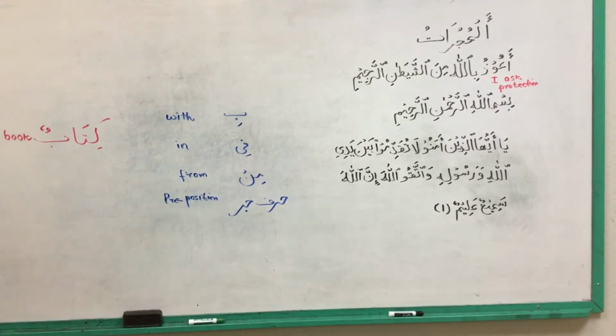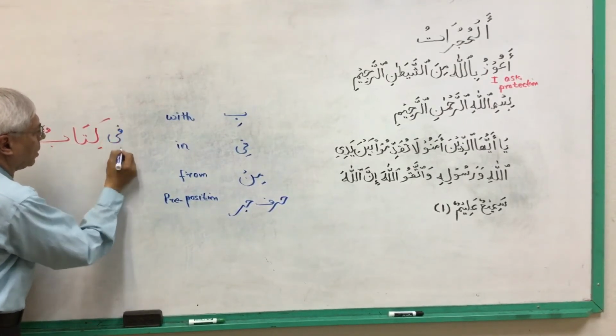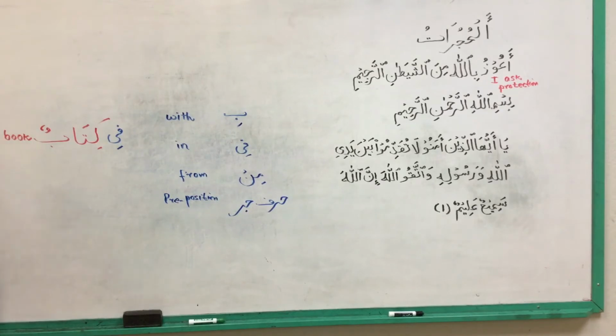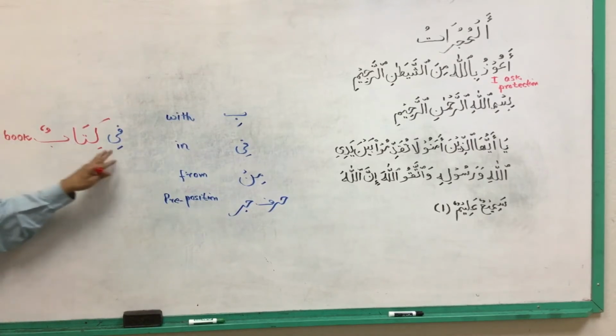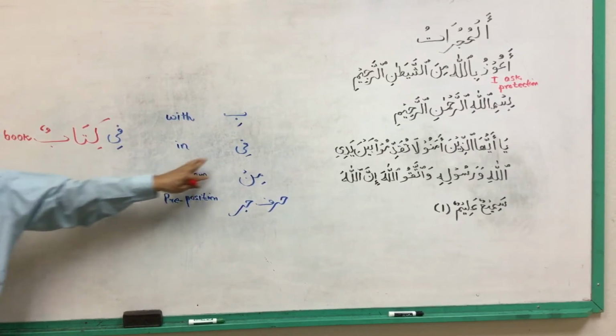Now if I open the book and start reading, looking inside the book, I'm going to put the meaning of the word fi, and this will be "in a book". If I'm telling you something is written in a book, in English I'll put just "in". In Arabic, we'll just put a fi. Fi means in.